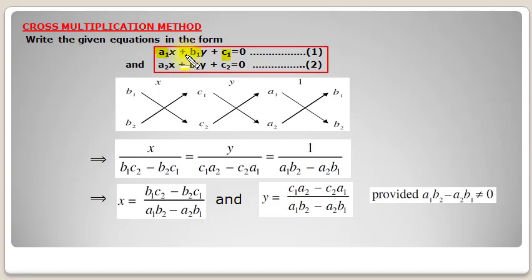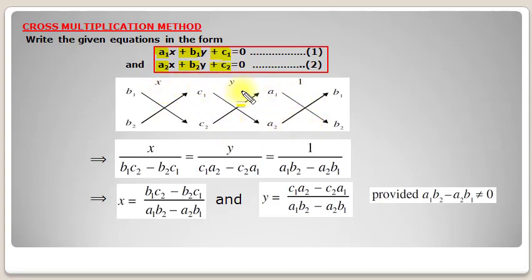If it is minus here, then b1 will be of minus sign. And likewise c1. From the second equation, you can get the values of a2, b2 and c2. After identifying the values of a1, b1, c1 and a2, b2, c2, we can write in this particular format.